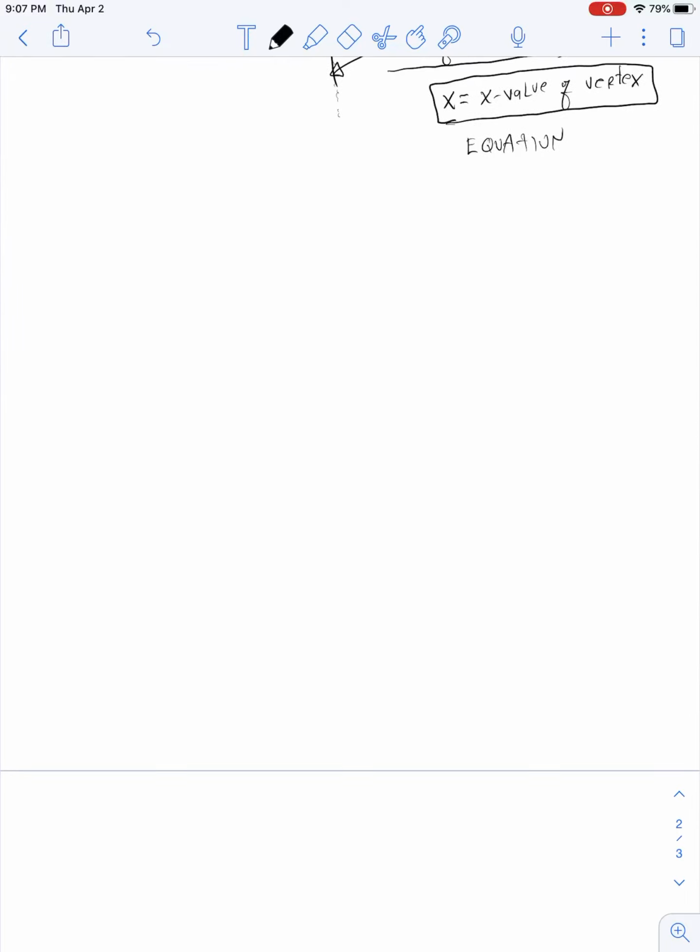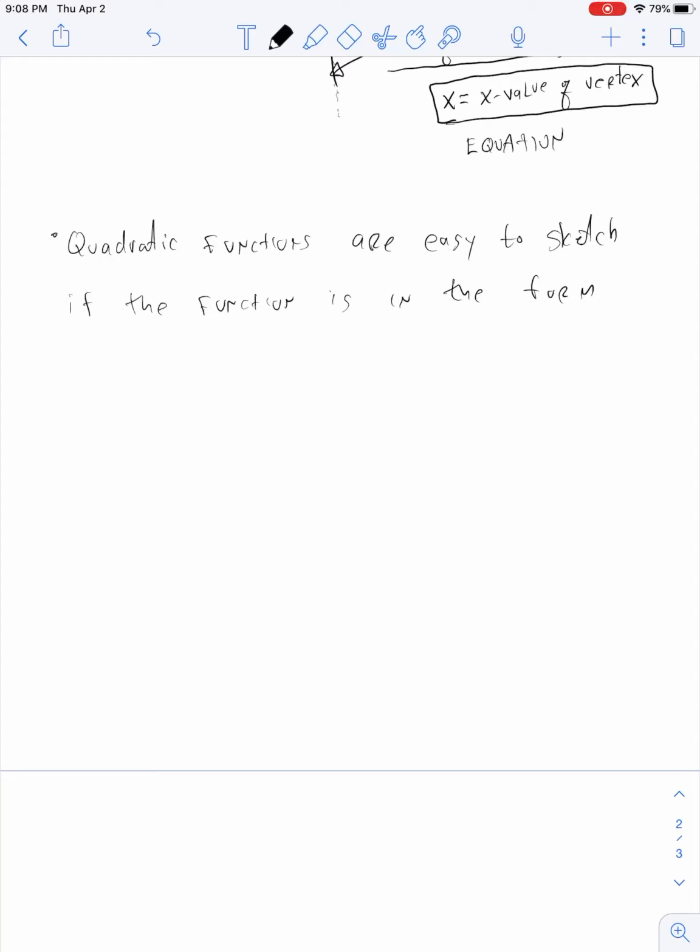Okay, so quadratic functions are easy to sketch if the function is in the form f of x equals a open parentheses x minus h close parentheses to the power of 2 plus k.